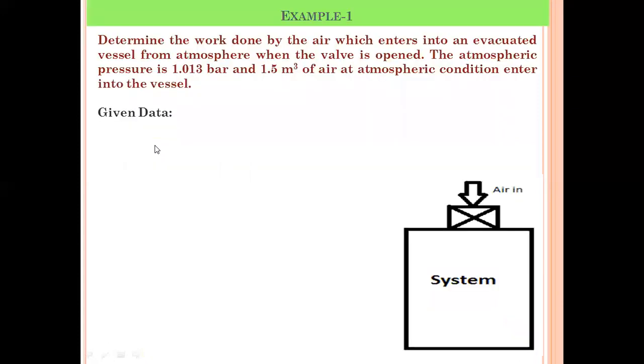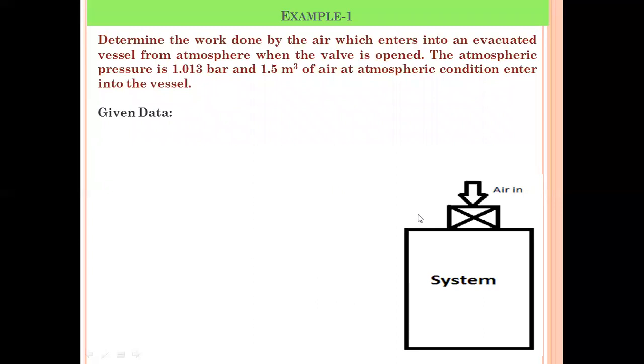So let us take one example of how the thermodynamic work can be calculated. Determine the work done by the air which enters into an evacuated vessel from atmosphere when the valve is open, and the atmospheric pressure is 1.013 bar and 1.5 meter cube of air at atmospheric condition enters into the vessel.